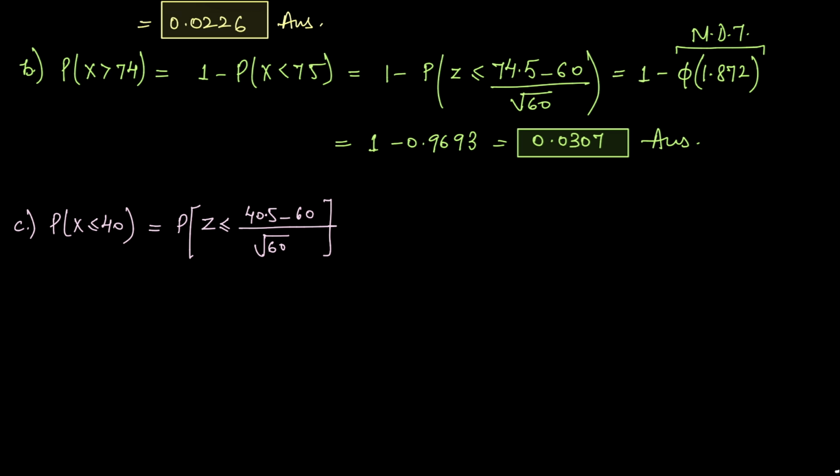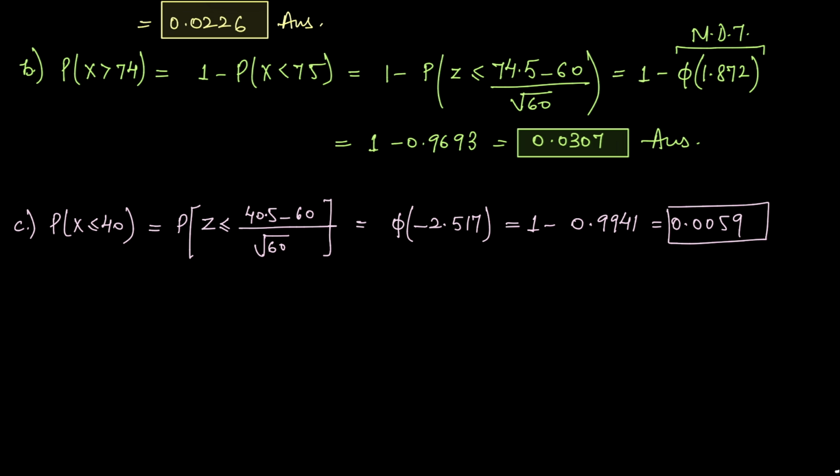Let's close the brackets and figure out the value for this. So this is phi of minus 2.517. This gives you 1 minus 0.9941, and the final answer for the given question becomes 0.0059.